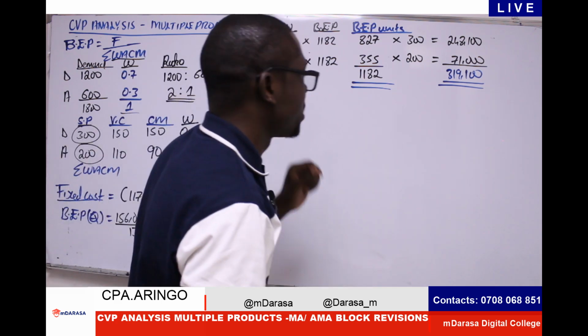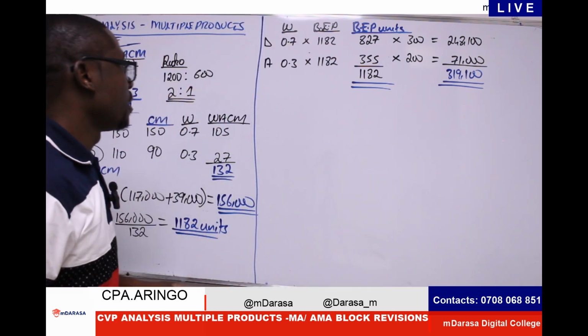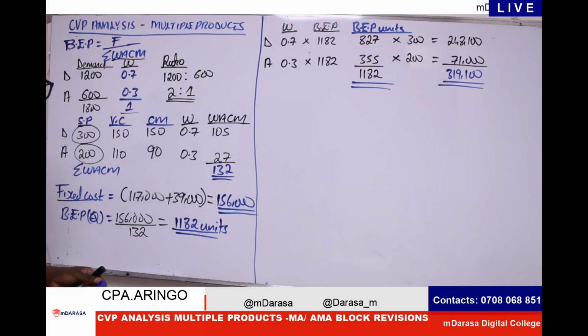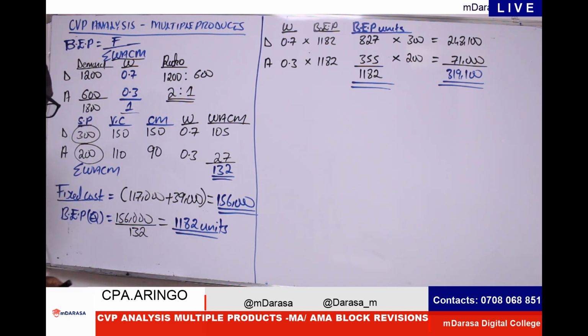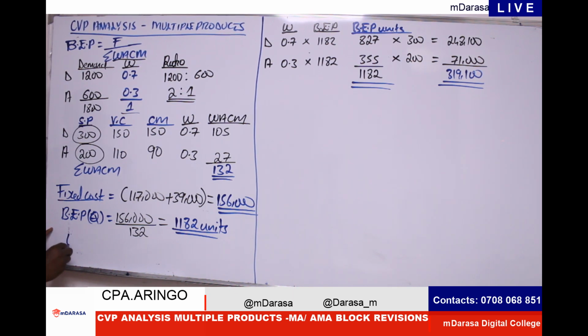The other way, which is also very easy, is that we have already determined our break-even point in quantity. So all we need to do is to determine, my good students, our weighted average selling price per unit.